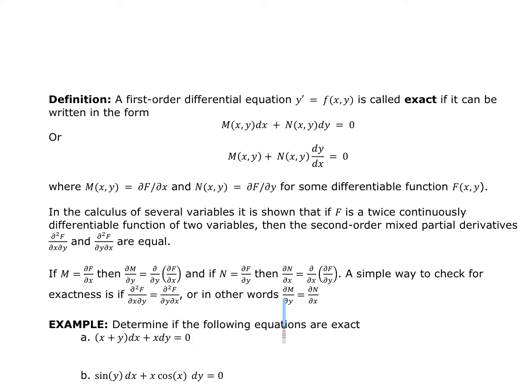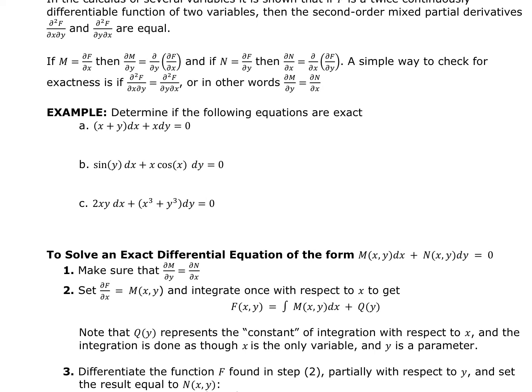So in other words, the partial derivative of M with respect to y must be the partial derivative of N with respect to x. So now we have a tool to determine whether or not these equations are going to be exact. And if they are, we're going to give you tools to be able to find the solutions to these differential equations. So let's go ahead and scroll this up and then determine.